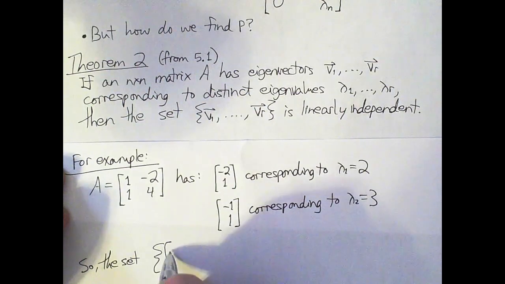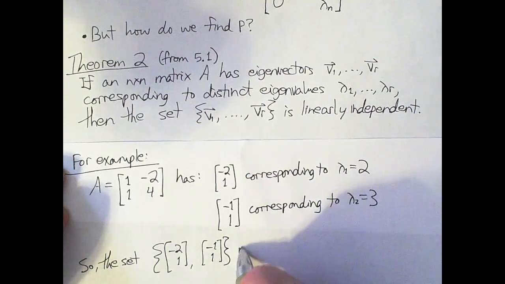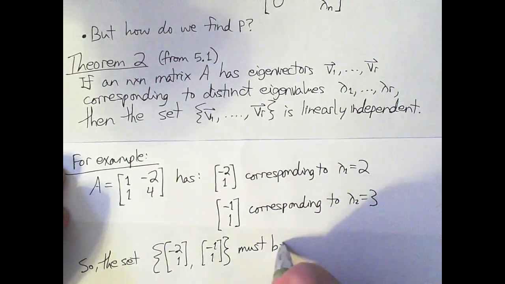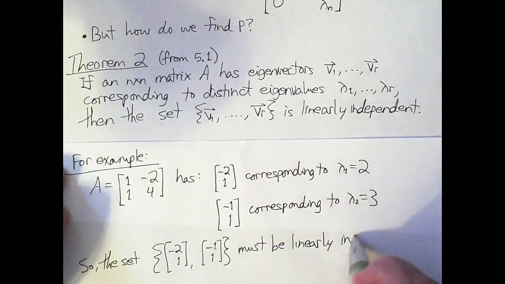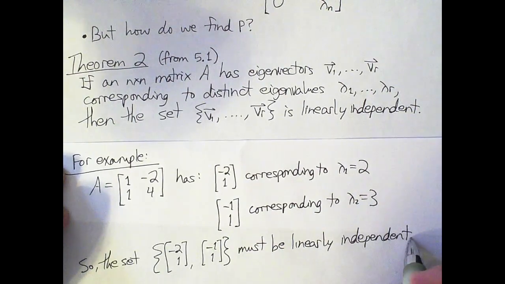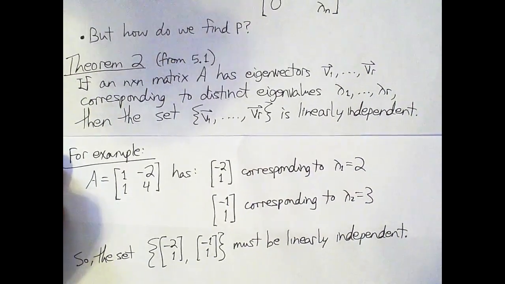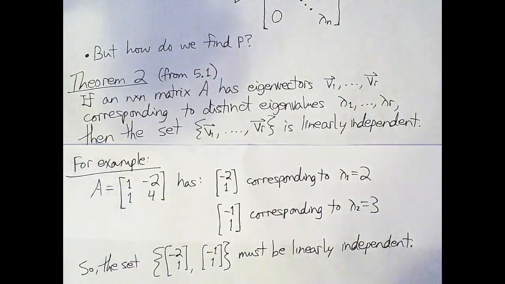So the set [-2, 1], [-1, 1] must be linearly independent. I think we could also tell that that's linearly independent for other reasons, but I'm saying this is a new reason why that set must be linearly independent, because of theorem 2.